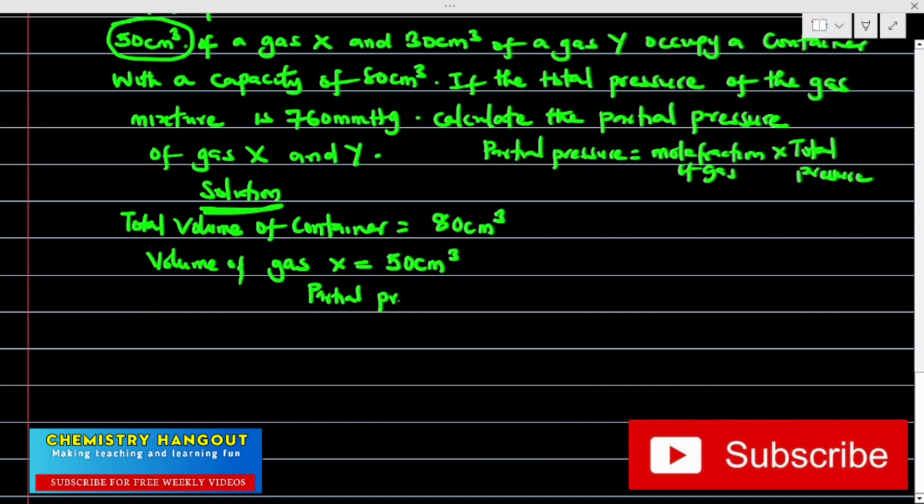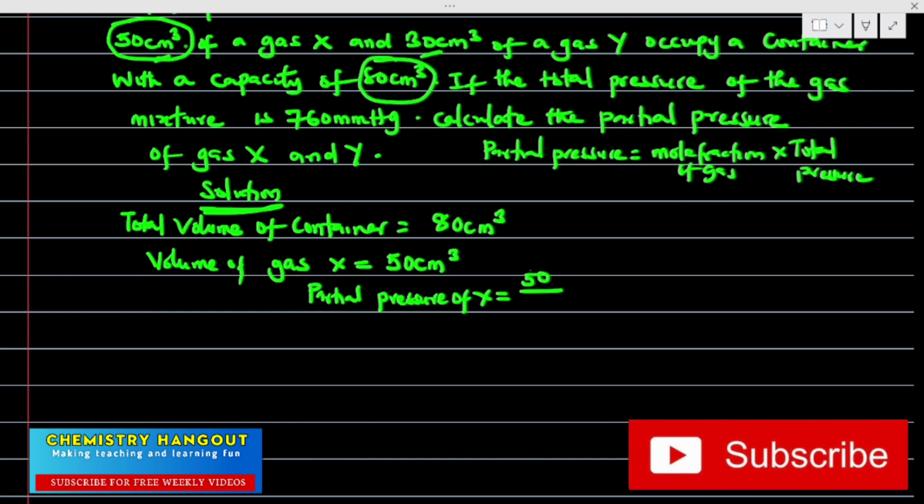The partial pressure of X will be the volume of X, which is representing the mole of X, because they didn't give us a mole, they gave us volume. So that will be 50 over the addition of the mole ratio, which is now the addition of the volumes they gave us, giving this 80 centimeter cube, because it's just like adding 50 and 30.